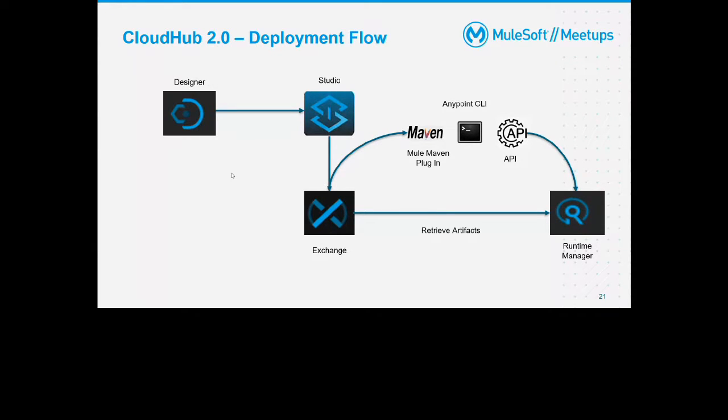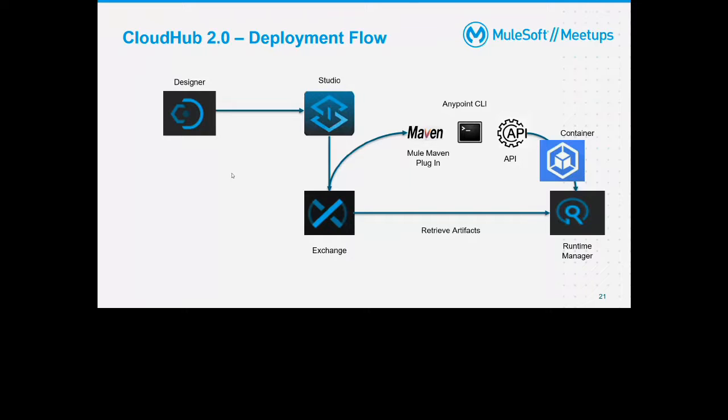So first it will publish to Exchange, and then it will deploy onto Runtime Manager, and then Runtime Manager will retrieve additional artifacts from Exchange, and finally it will be bundled into a container and deployed into your CloudHub 2.0 environment.